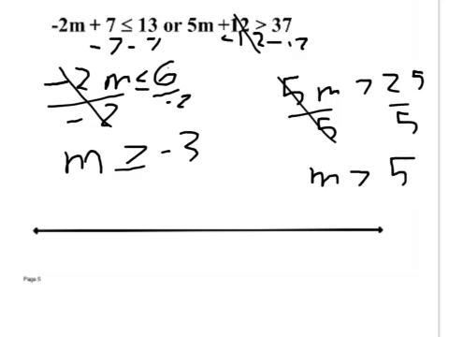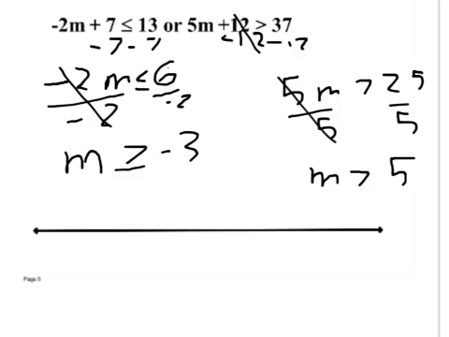So what we do is we graph both of these, because only one of them has to be true. Wait, so what do we do when it says and? With and, both of them have to be true.